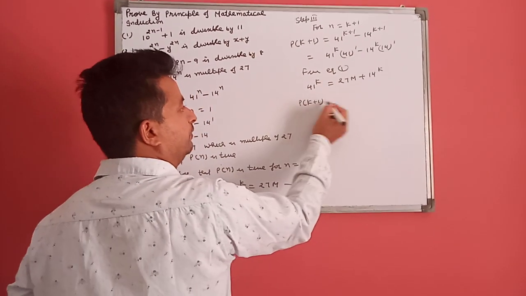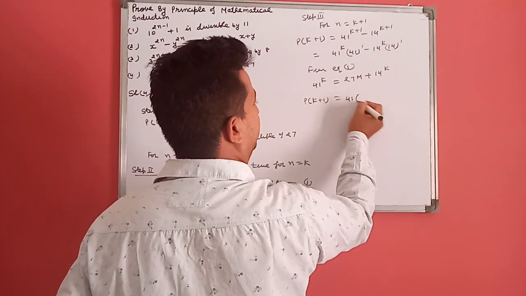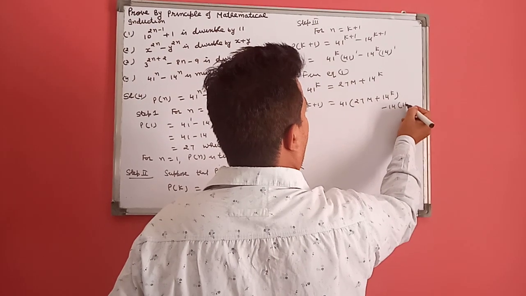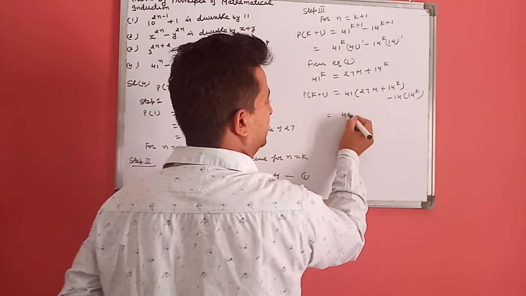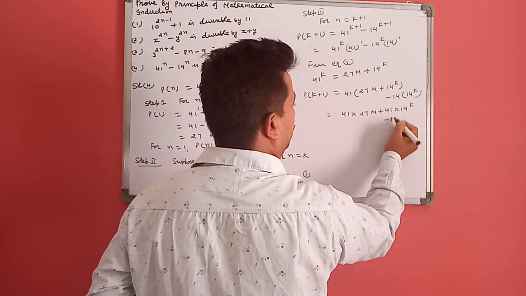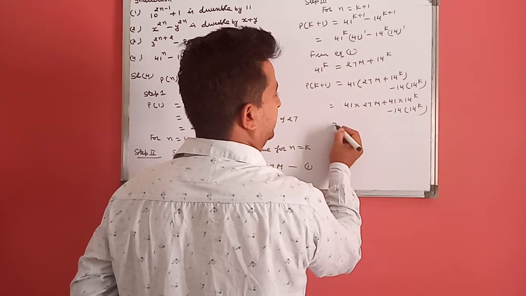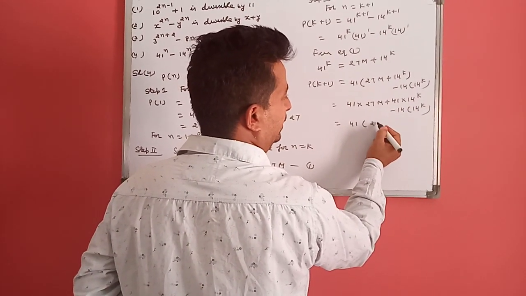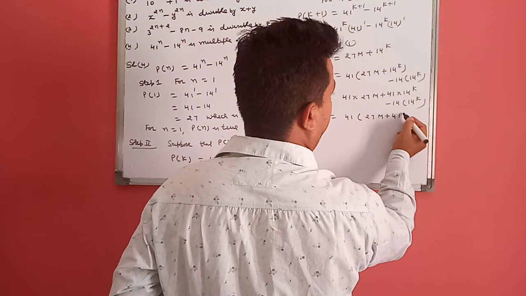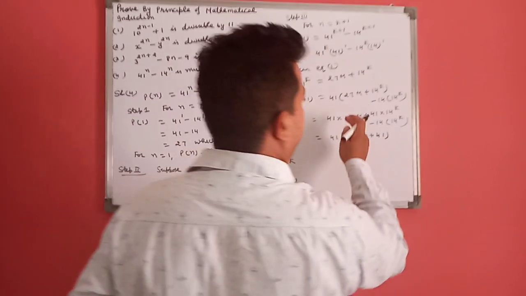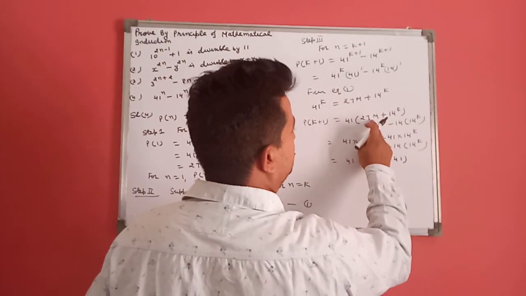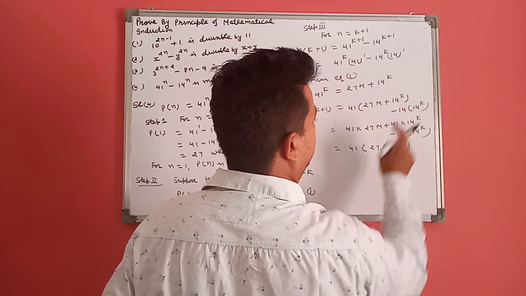We put the value of 41^k here, that is 41 times (27m + 14^k) minus 14 times 14^k.